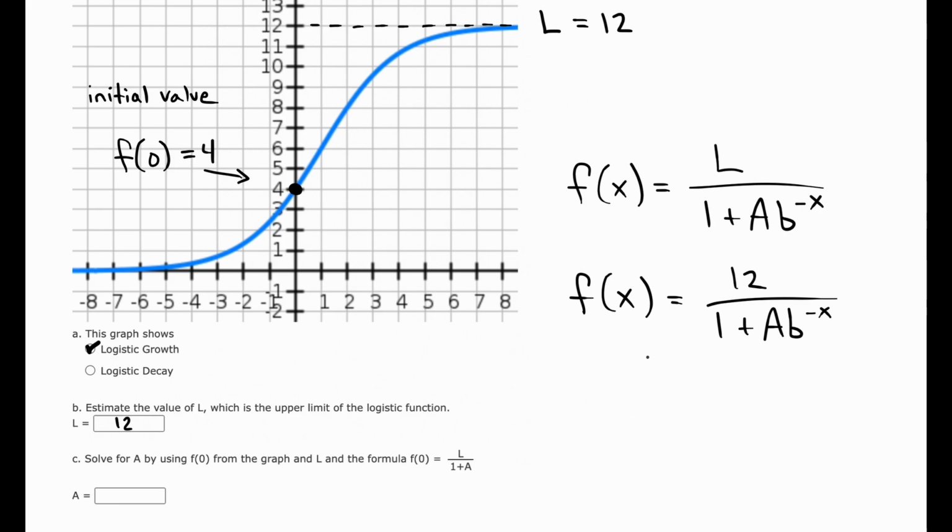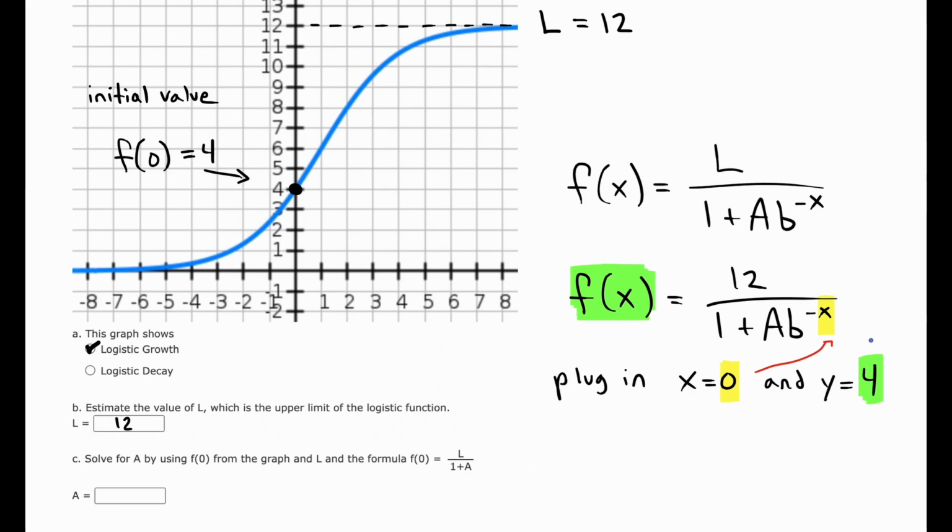And so you can imagine that if we plug in x equals 0 and y equals 4, we may be able to determine the A constant from that. So the x of 0 has to go in here, and the y of 4 has to go in for the value of f of x.